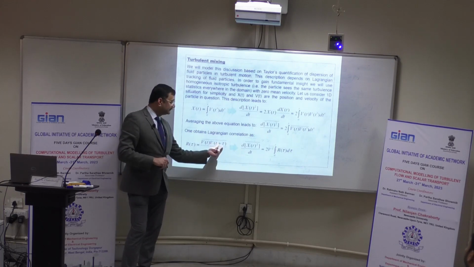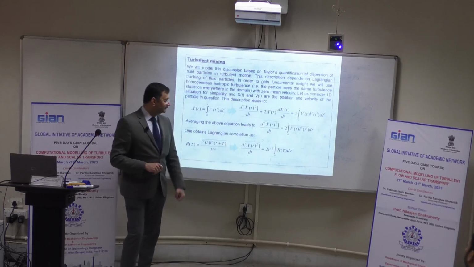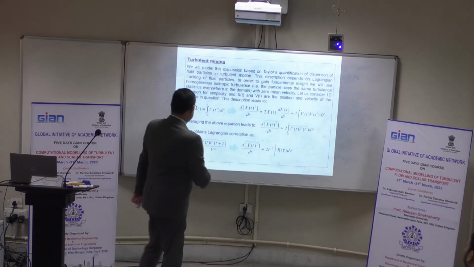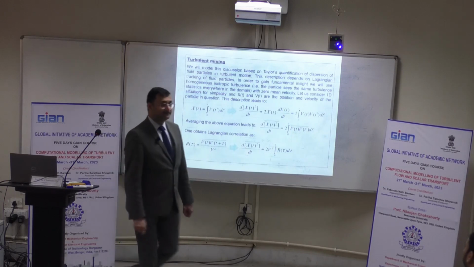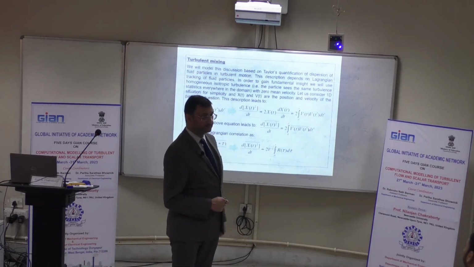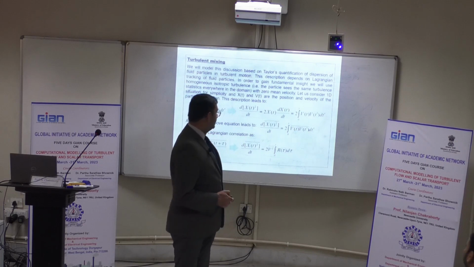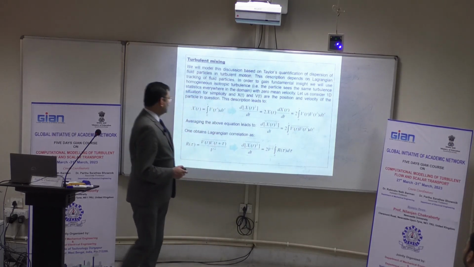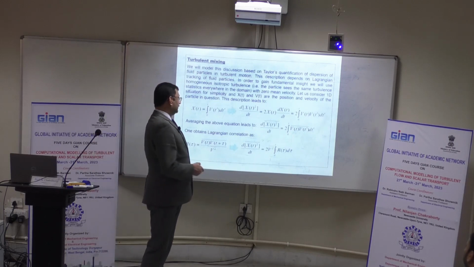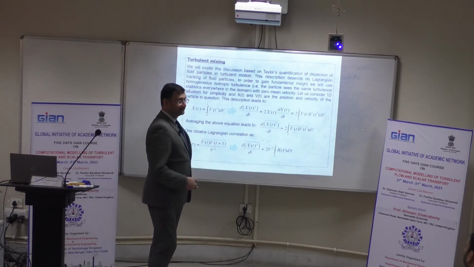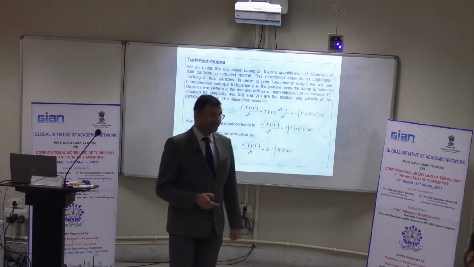So I have a time difference here. And using just that definition, and if I replace this by this one, fine? I will show you this in the tutorial session.